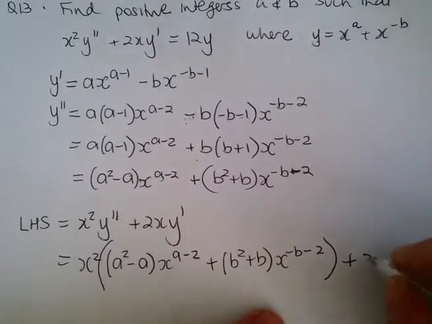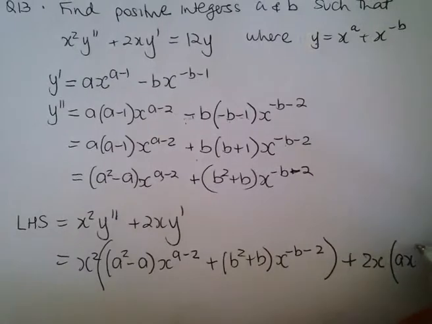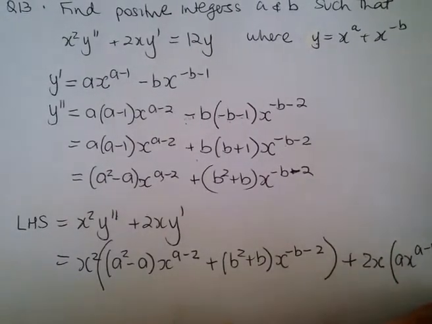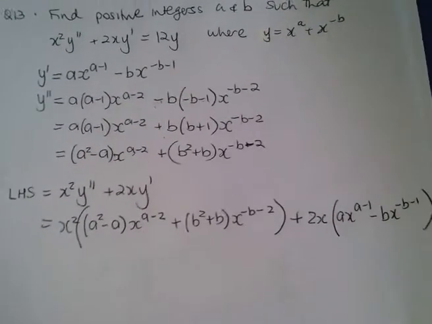Plus 2x times the first derivative, which is a x to the a minus 1 minus b x to the negative b minus 1. So I'm just substituting, not manipulating yet.